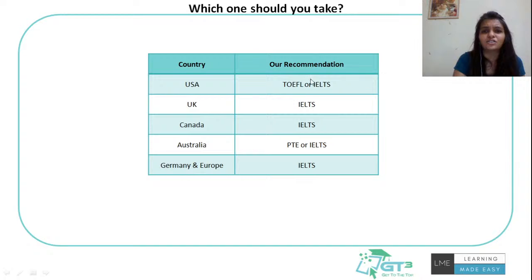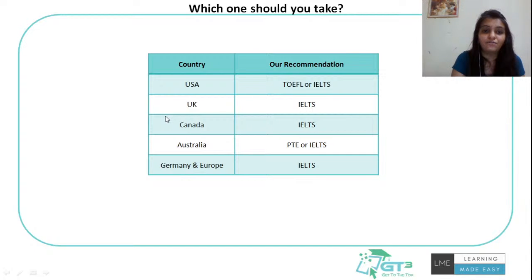TOEFL is accepted by most universities, and IELTS as well is accepted by most universities these days. However, universities like Stanford only accept TOEFL. In that case, only 10% of universities accept only TOEFL and do not accept IELTS.